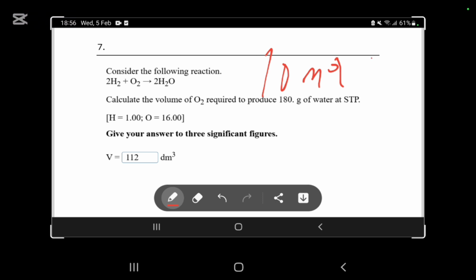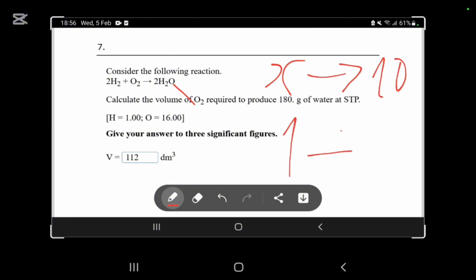Moles H2O. Okay, so now we know that this is 10 moles. By most convenient ratios, we can find out that x to 10 is equal to 1 to 2.